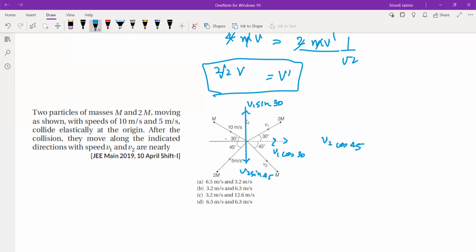As this is moving here, 10 cos 30, and this will be 10 sin 30. Here, 5 cos 45, this one, 5 sin 45.